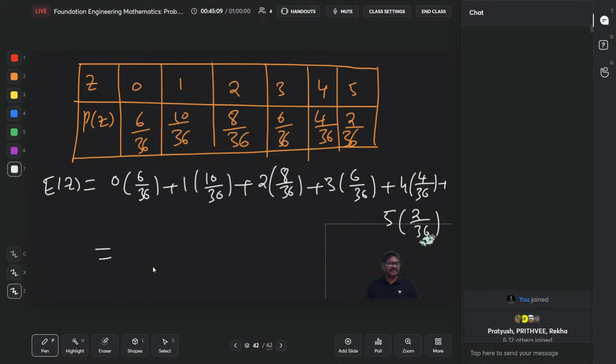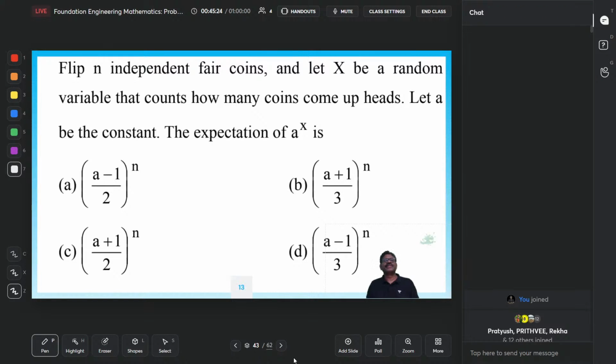Simplify this. 70 by 36. 35 by 18 is the value of the expectation of Z. Understood?